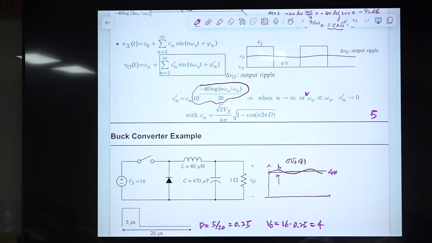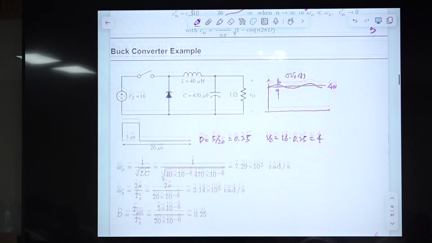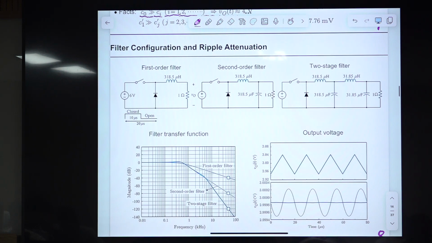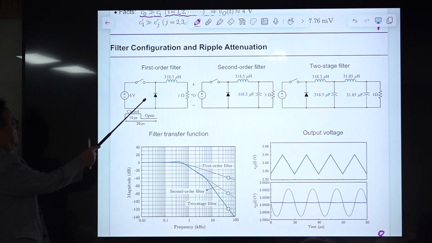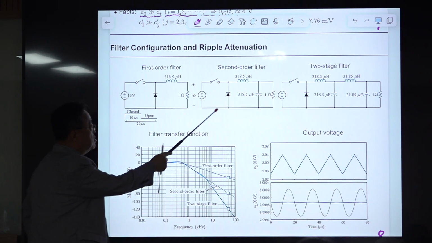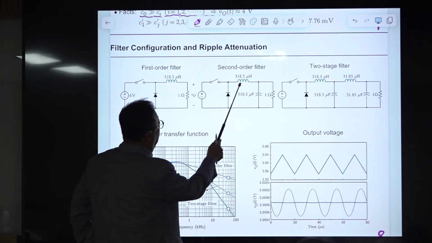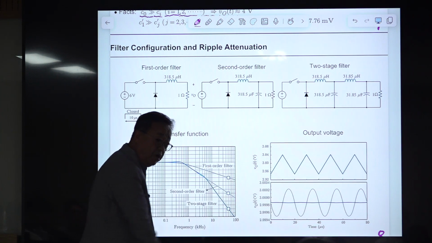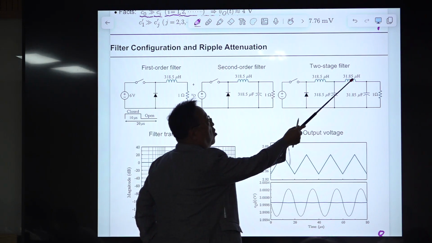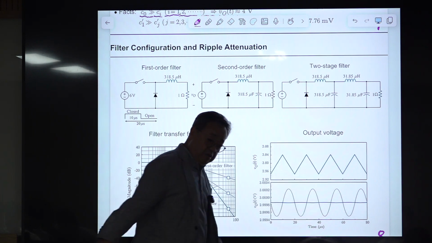This is the standard second-order low-pass filter, but there are other choices. This one is a first-order filter. This is a first-order LR filter. This is the standard second-order LCR filter. And here we have this filter followed by another stage of filter.